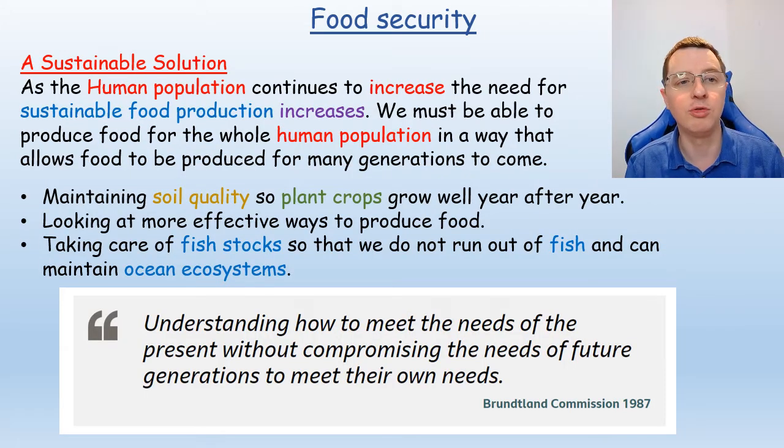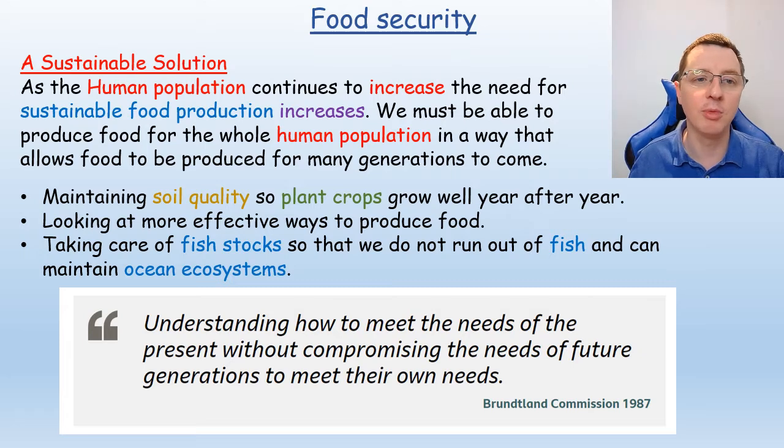So what's the solution? We need a sustainable solution. As the human population continues to increase, the need for sustainable food production increases. We must be able to produce food for the whole human population in a way that allows food to be produced for many generations to come.